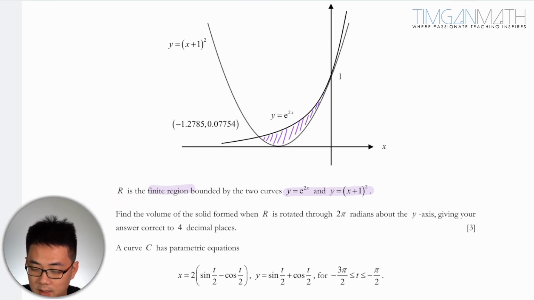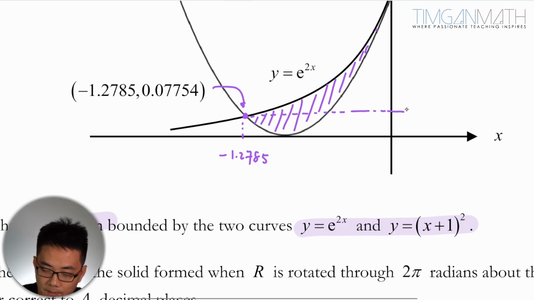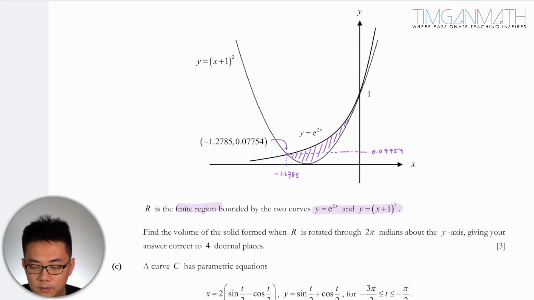Now the first thing is, okay, so thankfully they have given us this point here, which is the point of intersection. Okay, so this will just be negative 1.2785, and this over here would then be 0.07754. Great.